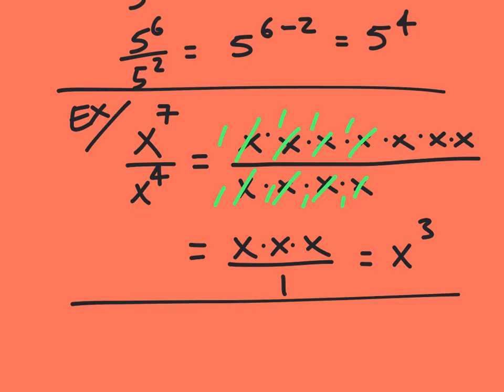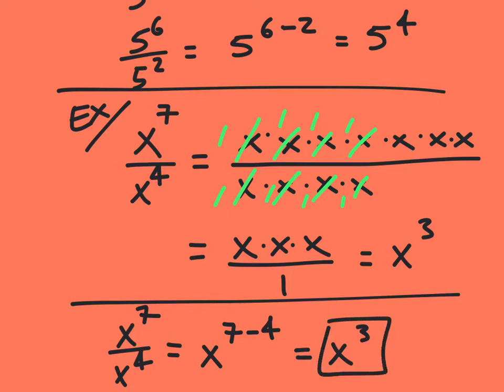So if we think about where we started, x to the 7th divided by x to the 4th, what do we have to do with our exponents to get 3? Using 7 and 4, what do I have to do to get 3? The answer is to subtract them. So I'd write this as x to the 7 minus 4 power, which gives you x to the 3rd. And that's your answer.